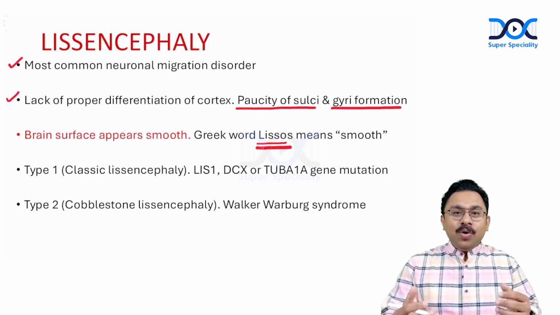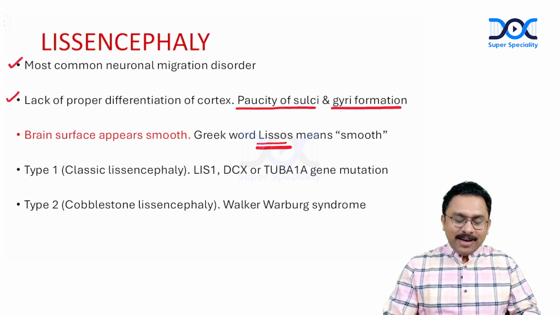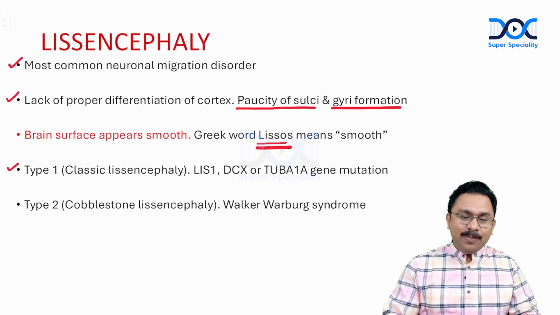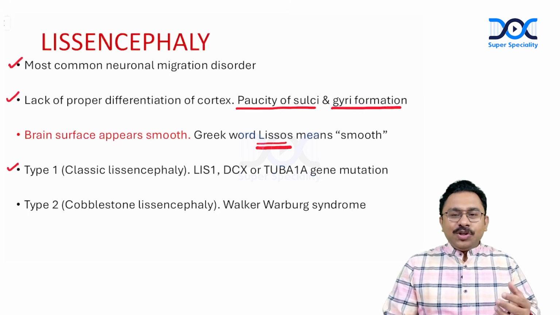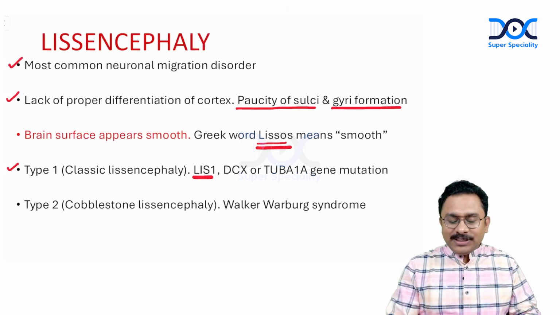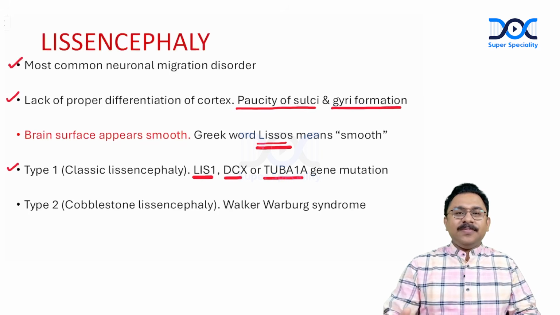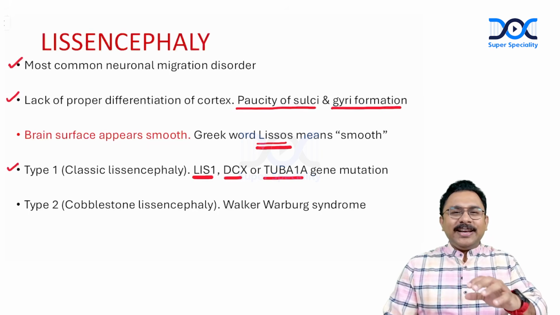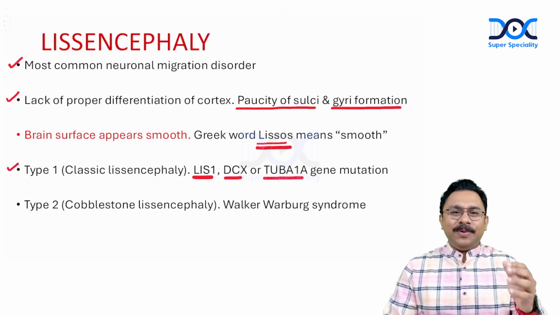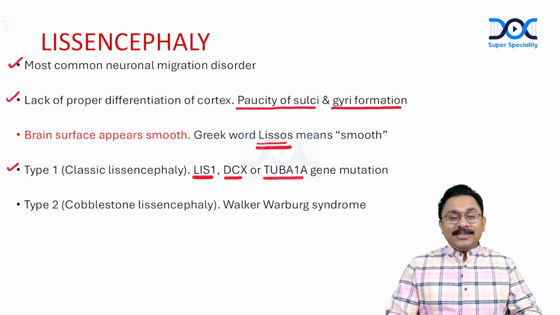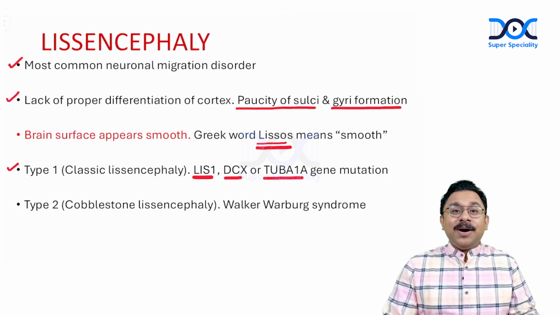There are two important types of lissencephaly. The classic lissencephaly, which is type 1, which is usually due to mutations of LIS1, DCX, or TUBA1A gene mutation. And this is your classic lissencephaly with a smooth brain, right? And this classic lissencephaly is a part of the agyria pachygyria spectrum of disorders.